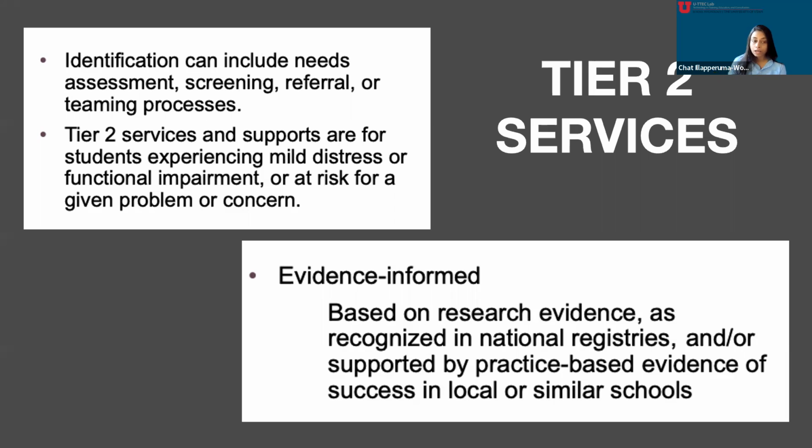How do we know our capacity? One way that you can obtain that indicator is identifying all of the students who would benefit from tier 2 services, and then counting the number of students who actually receive those services.